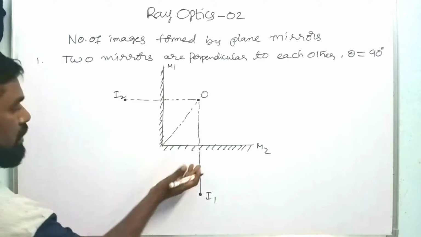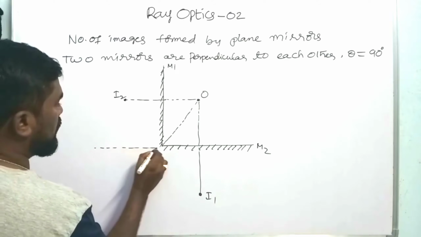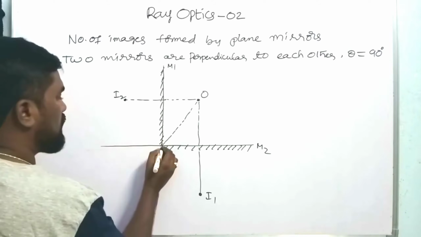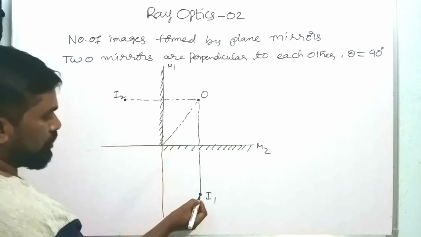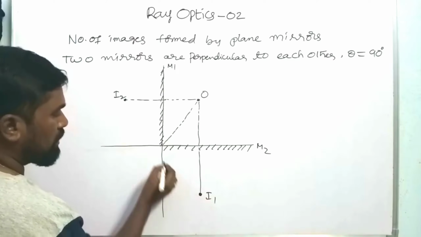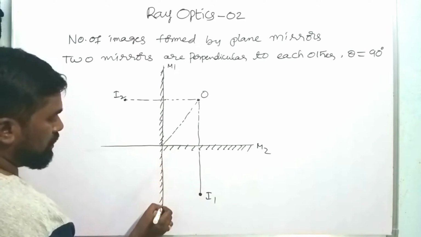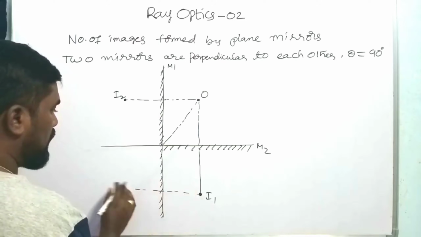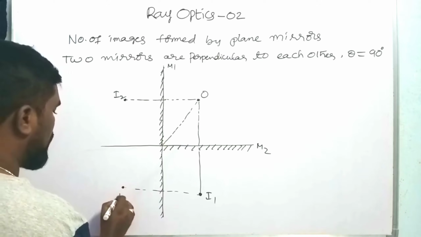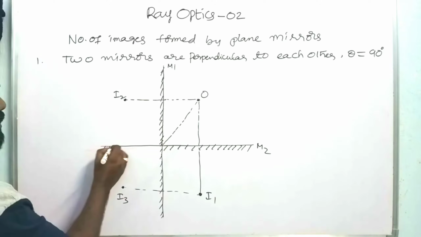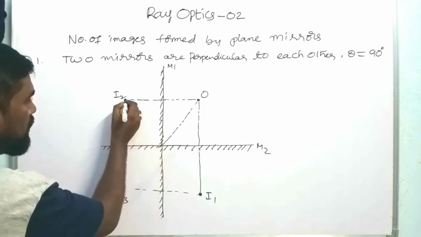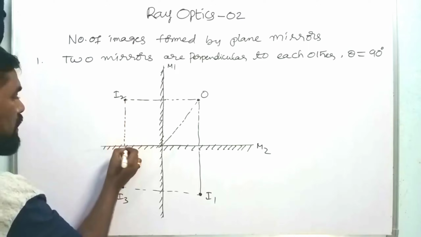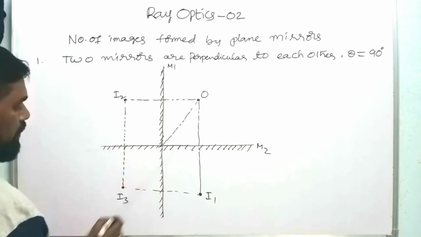If the mirrors are extended like this, this image should act as the object to the mirror, then an image should be formed, that is I3. And now this image acts as the object to this mirror, and it can be formed at this distance, that is I3.